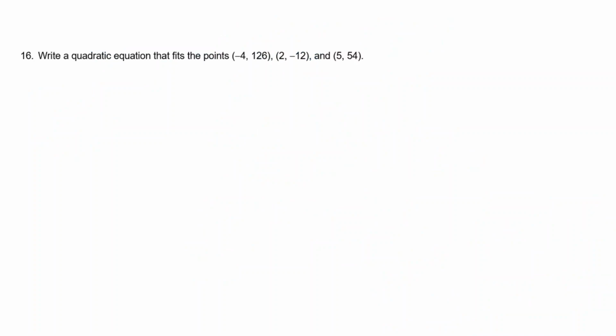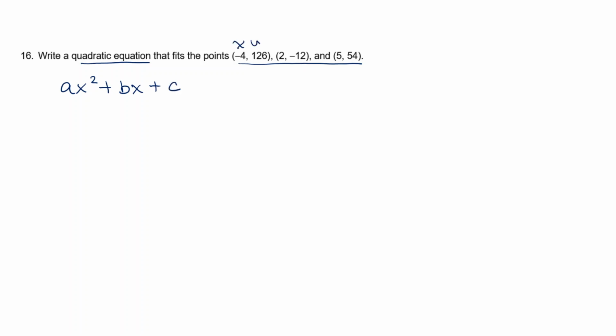Number 16, write a quadratic that fits this equation. All right, we could do it any way we want, but let's go ahead and set this up so I can remind you what's happening, and then I'll show you the shortcut. Remember, a quadratic equation is going to be ax squared plus bx plus c.